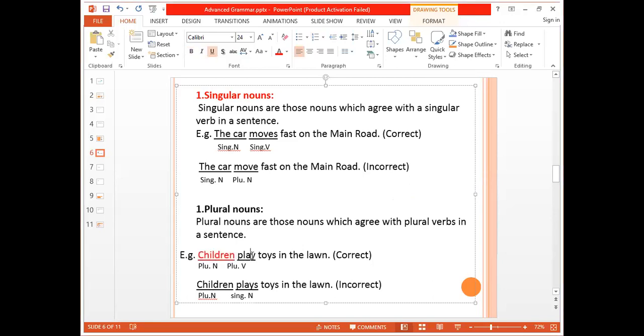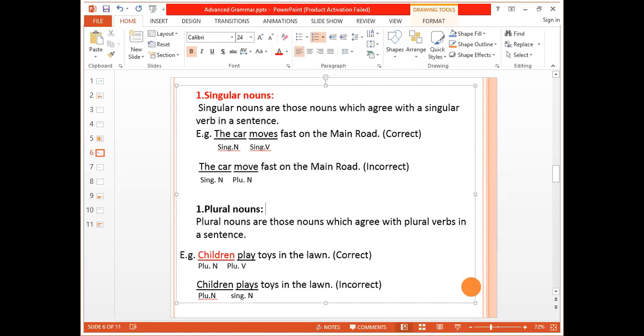Play is a plural verb as well. Do not get confused with the forms of verbs. Whenever students see s with a word like plays, they think it's a plural word. It's not. The base form of the verb is play, and plays is used with a singular noun in simple present tense. Again, you will study all these things.